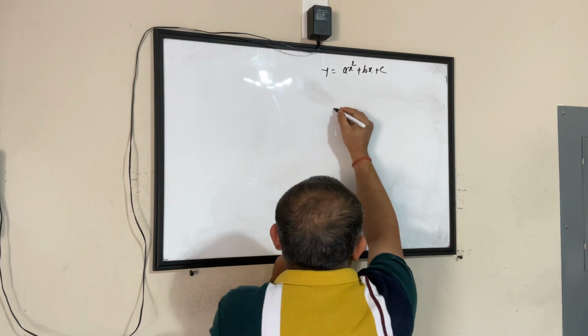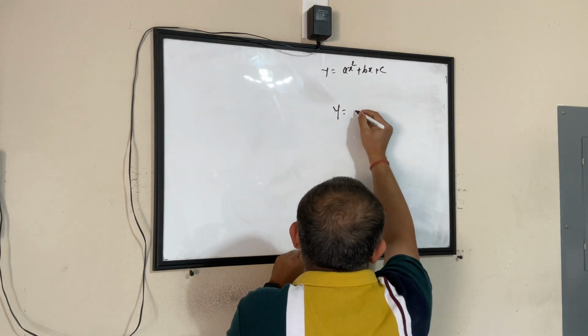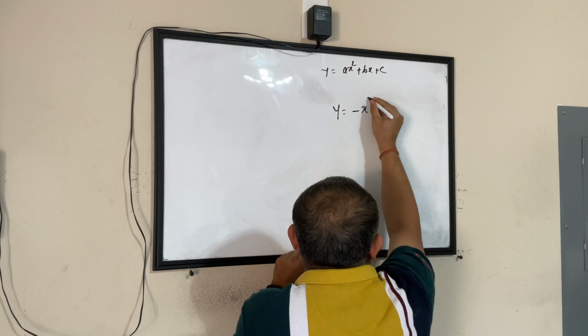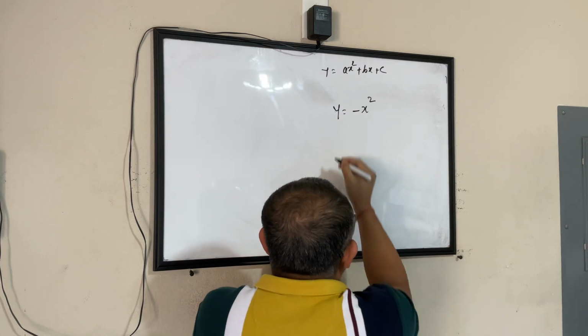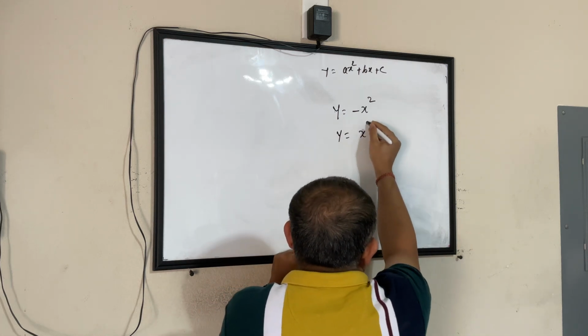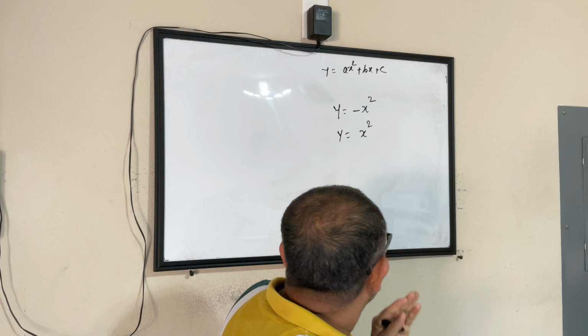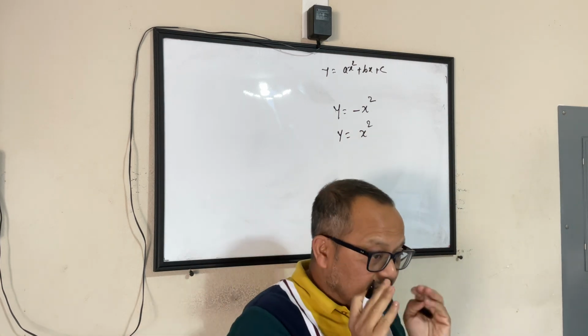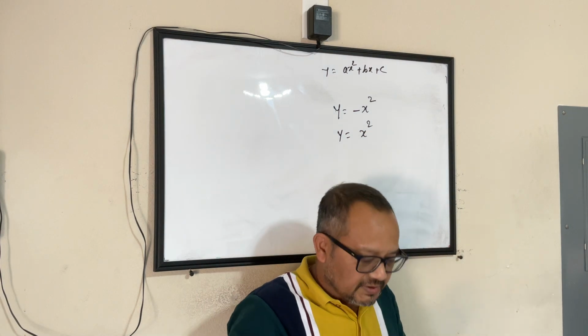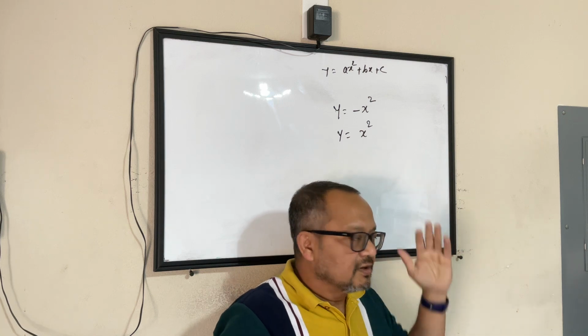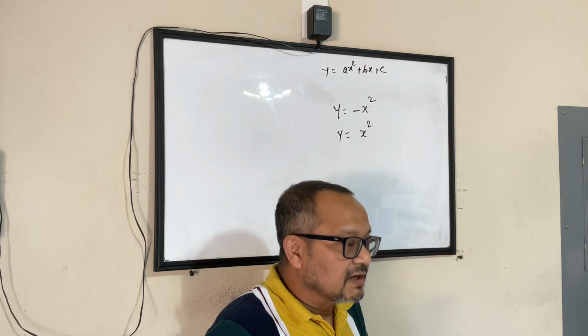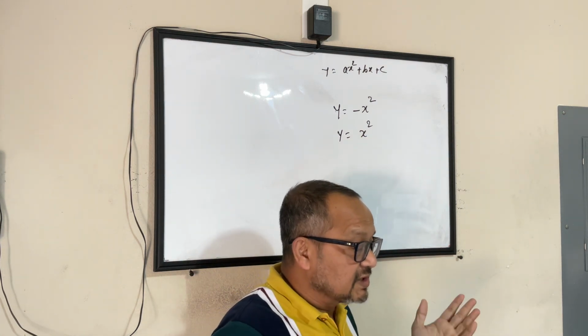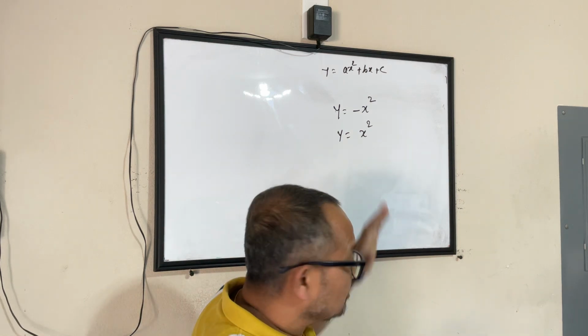Let's say I have a quadratic equation y equal to minus x squared, and the second equation is y equal to x squared. I'm purposefully picking simple equations so that we don't spend a lot of time on calculation, but it should at least help us get the concept right.